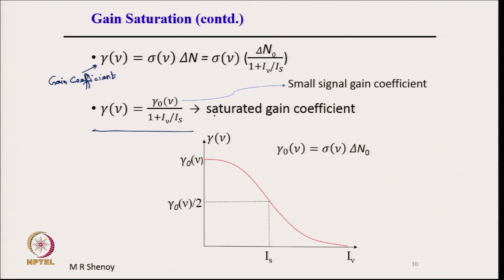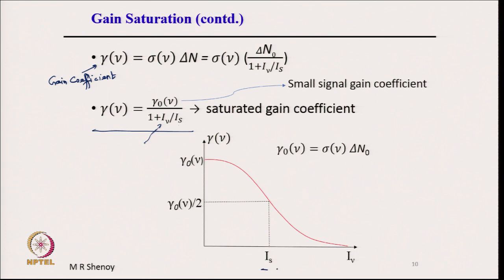Why is it called the saturated gain coefficient? We can see that the gain coefficient is a function of the intensity of the radiation. So here is a plot showing the variation of gamma of nu with I nu. As you can see, when I nu is equal to Is, the saturation intensity, the term becomes 1 and the gain drops to half of its value.